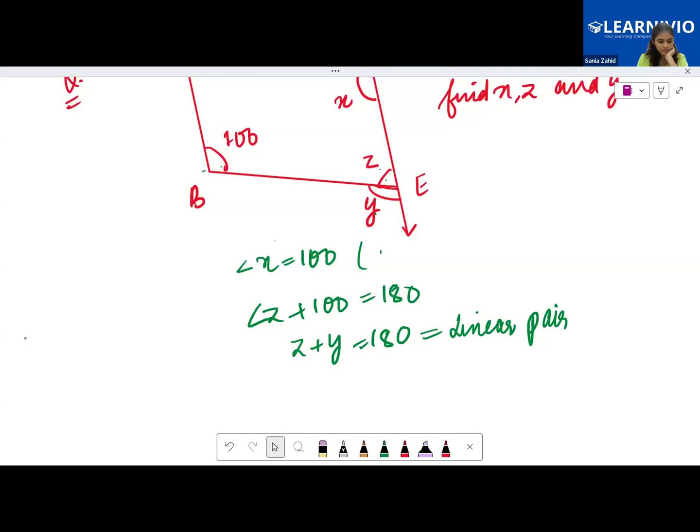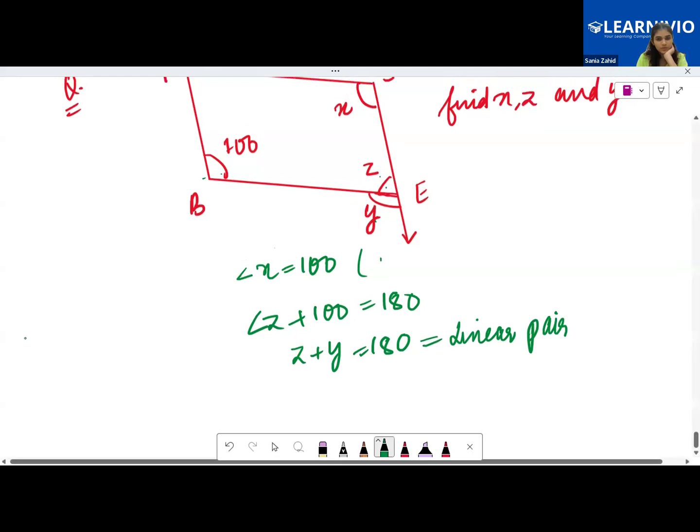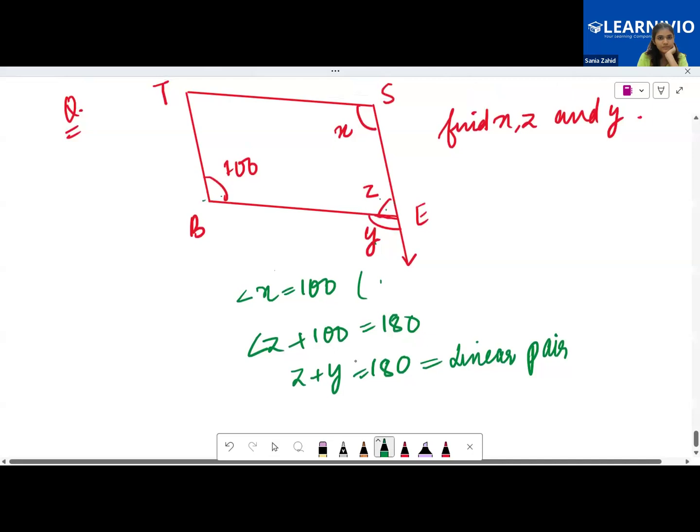Ma'am, angle Z is equal to 80 degree, adjacent angles are supplementary. And angle Y is equal to 100 degrees, linear pair. Angle X is not 80 degree; angle X is supposed to be 100 degree.